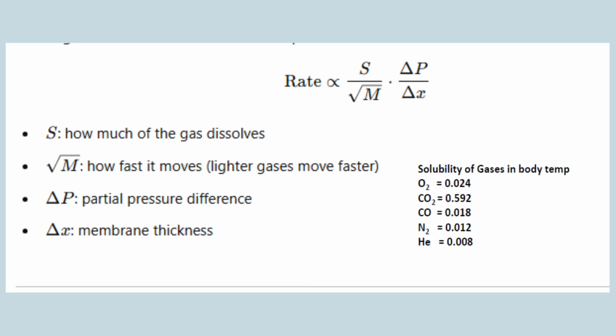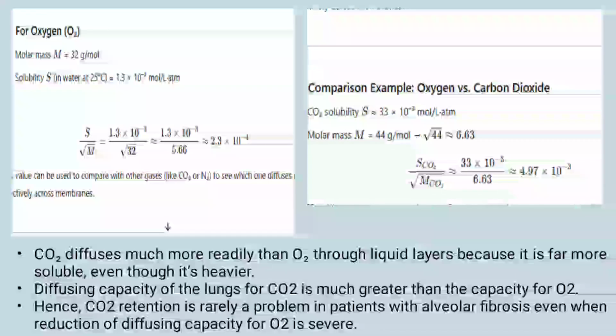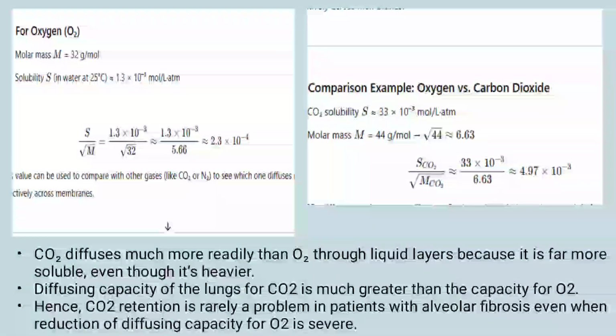From this we can say that, for solubility of gases at body temperature, oxygen has 0.025 solubility, which is less, whereas carbon dioxide has higher solubility, that is 0.592. So it is clear that if we compare oxygen and carbon dioxide, the solubility of carbon dioxide is greater. Although it is a heavier gas, we know that a lighter gas, with less molecular weight, should have a higher diffusion coefficient.